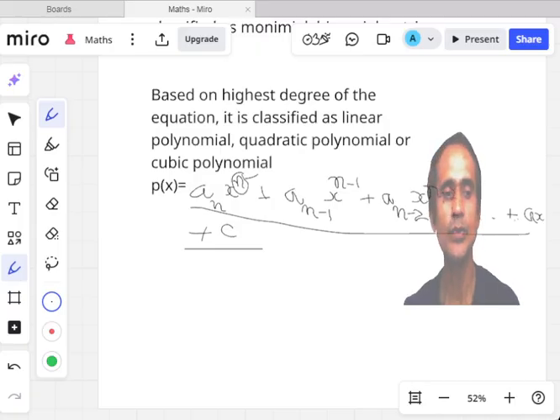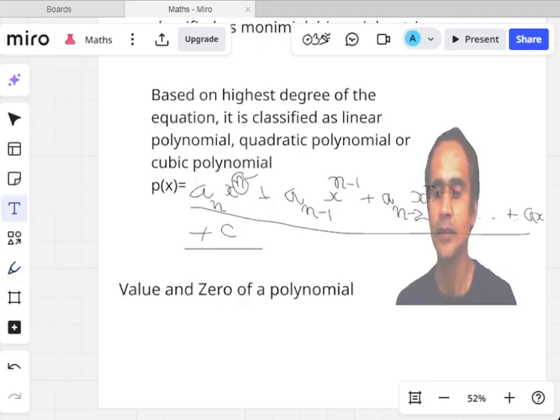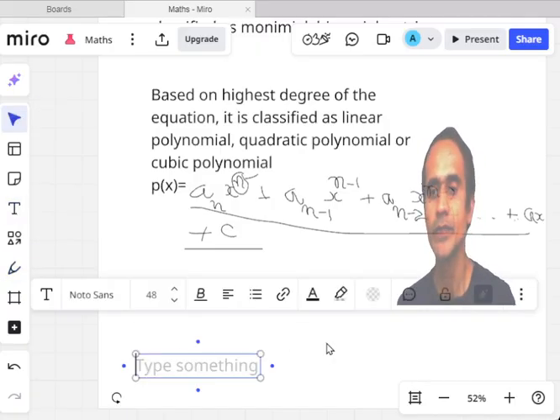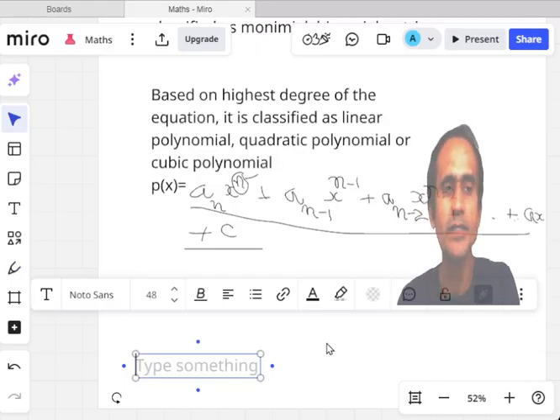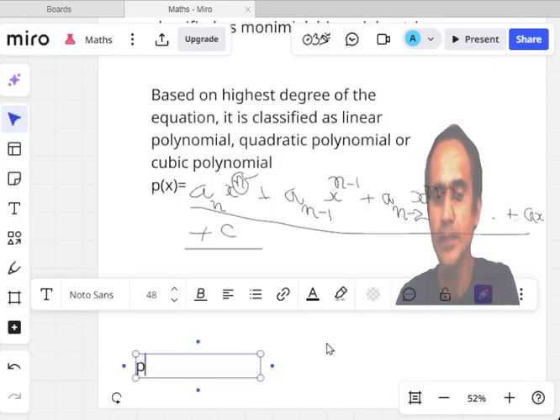Now we will study what is the value and zero of a polynomial. So say this be any polynomial.